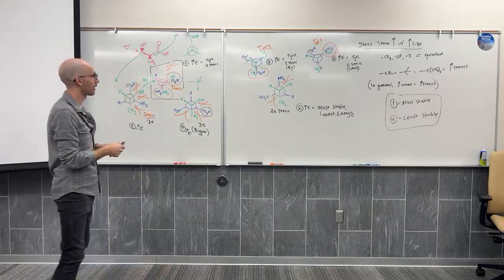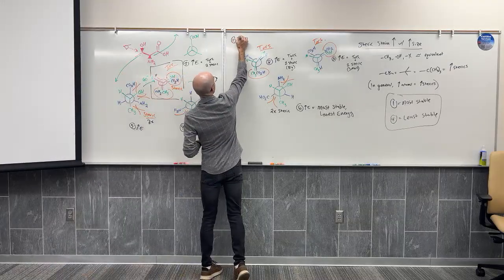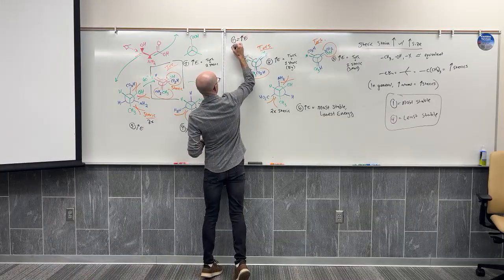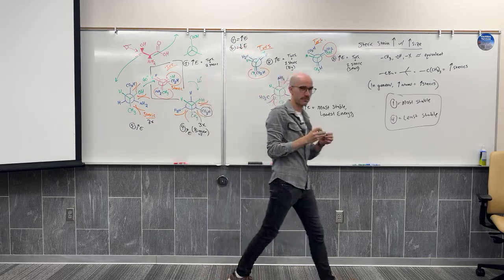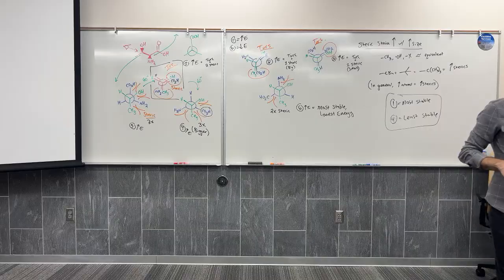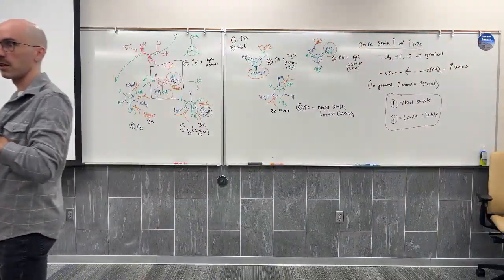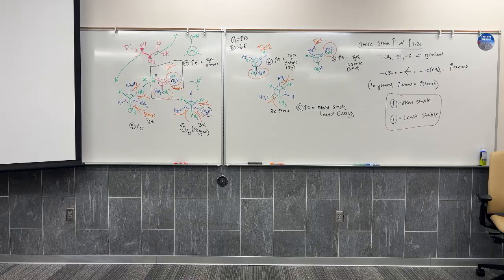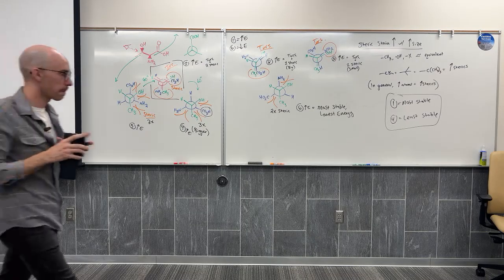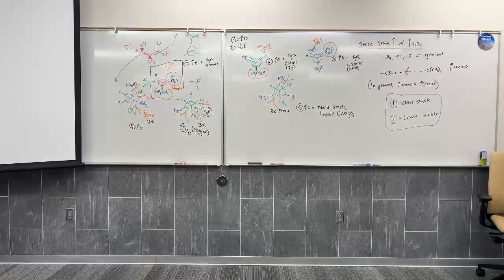We just ranked them as 1 being the highest energy and 6 being the lowest energy. Fair? I want you to be able to recognize the difference between those ranking perspectives. Good. Number 1 is your lowest energy.